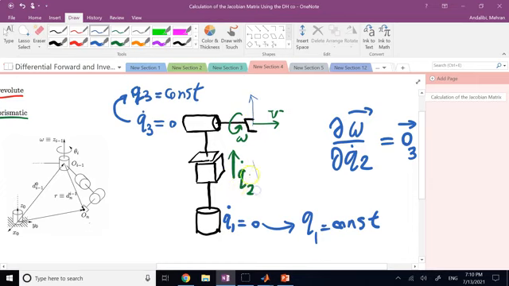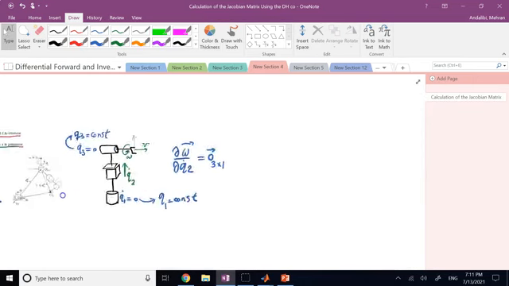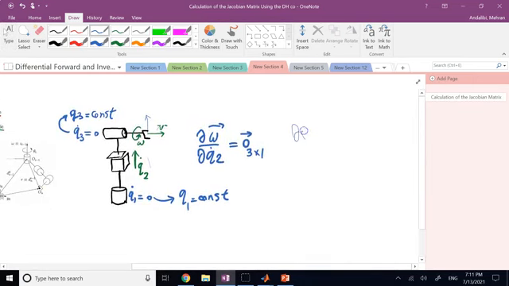So this Q2 dot will be added to the current velocity of the end effector. Or if there is no other component, V is simply going to be the same as Q2 dot, because now your whole robot is like one single rigid body. Once you move one point, every other point will move the same way. So what is going to be the partial derivative of V here with respect to Q2 dot?